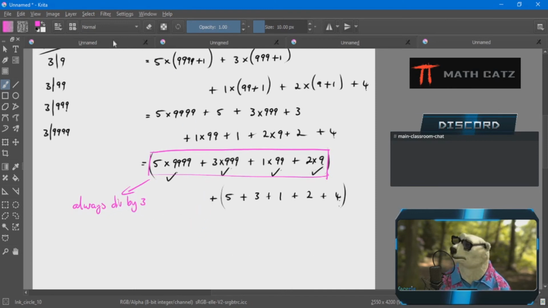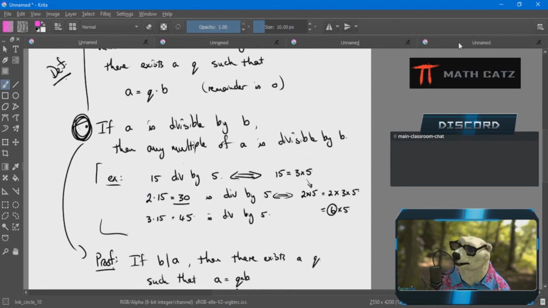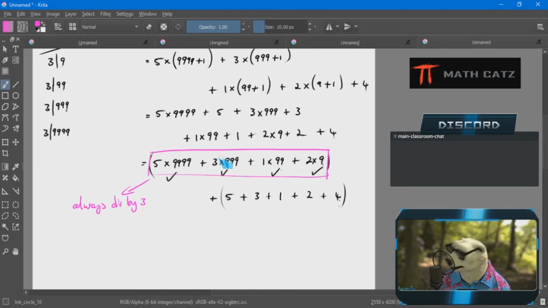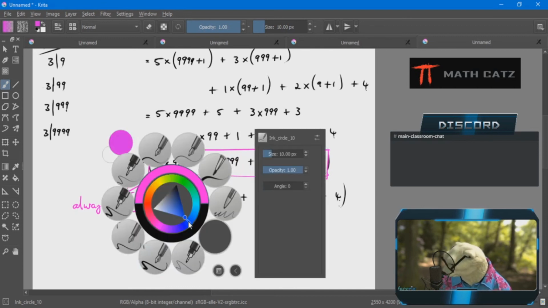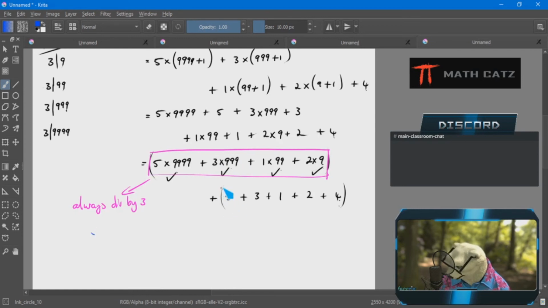And I'm using a combination of these properties. First up, each individual term is a multiple of something that is divisible by 3. And then I add them together. If I add things together that are divisible by 3, the answer is going to be divisible by 3 as well. So I really need those 2 properties.